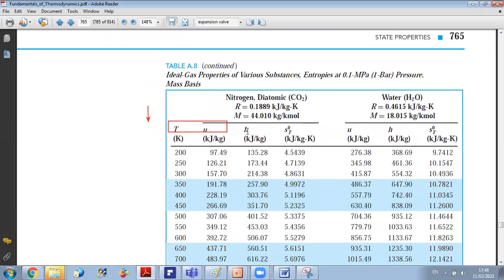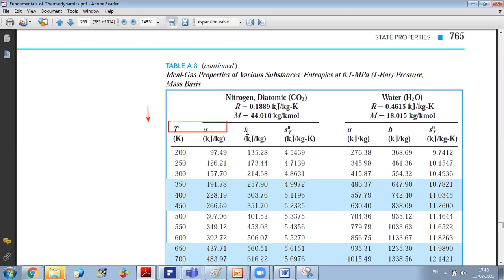In general, we can treat gases as ideal gas if they are in conditions close to ideal. We will tell you in the example whether you can treat it as ideal gas or not, because for some combinations of pressure and temperature, the behavior of the gas will not be close to ideal gas behavior.